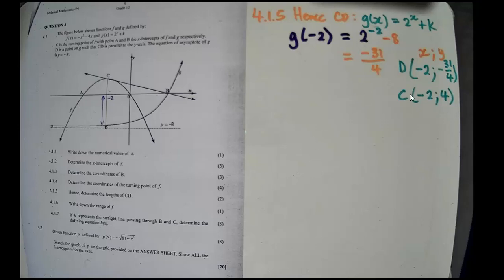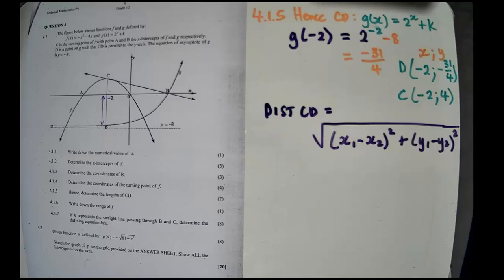So now if you have 2 points, C and D, the question says determine the lengths of CD. So that's from there to there. This means we're going to have to use the distance formula, right? So substituting into the distance formula, okay, there is an easier way to do this actually. All you have to do is add up the distances of your y values and you're going to get the same answer.